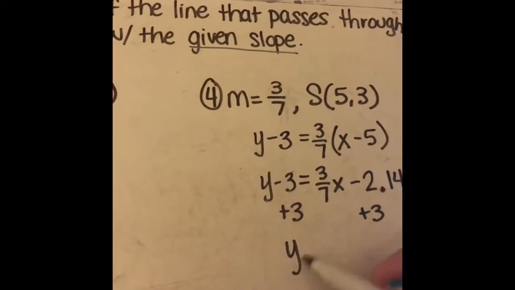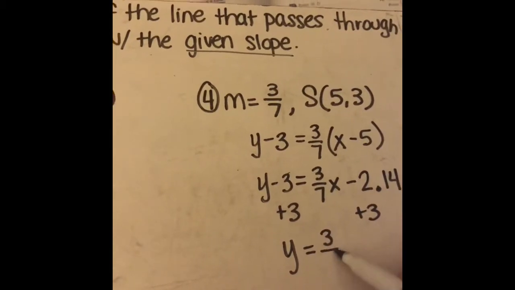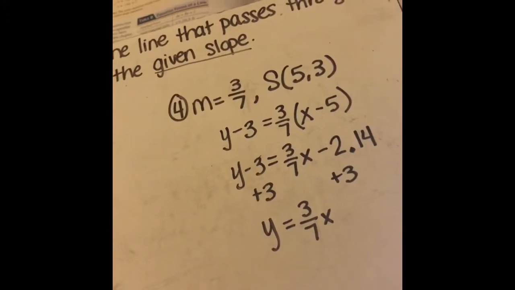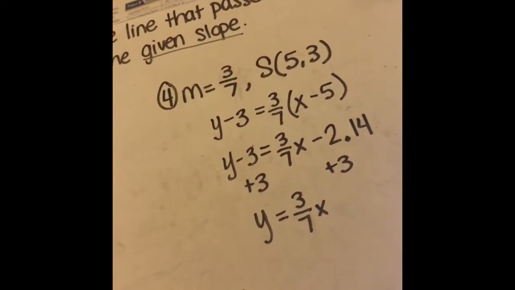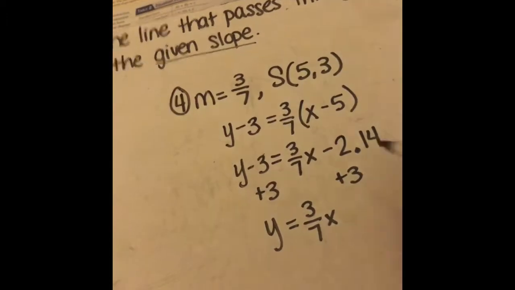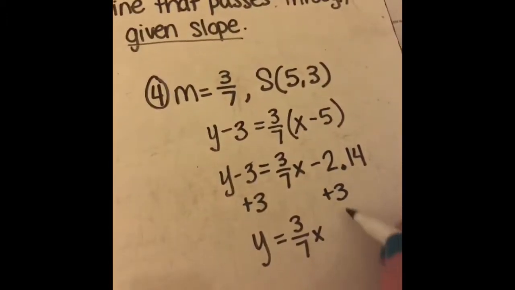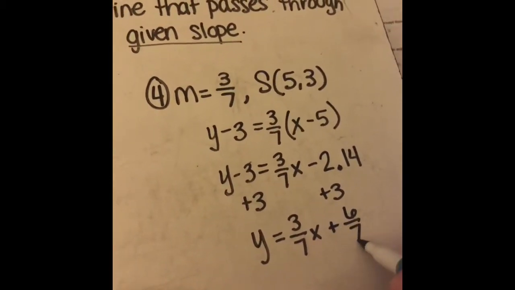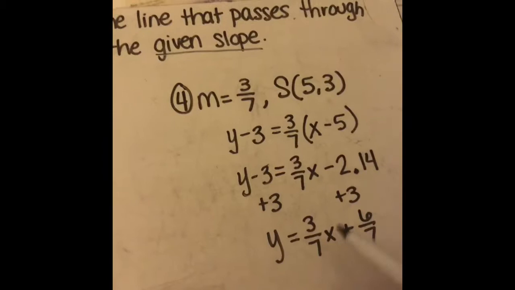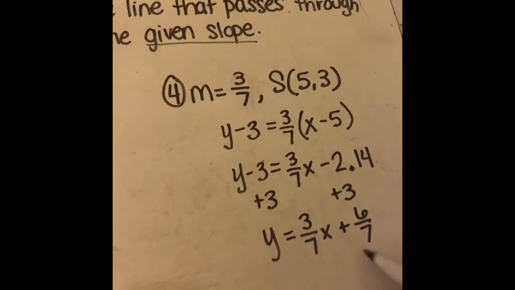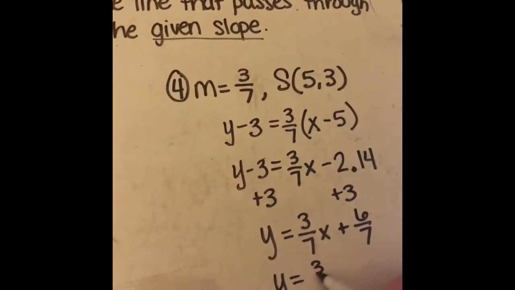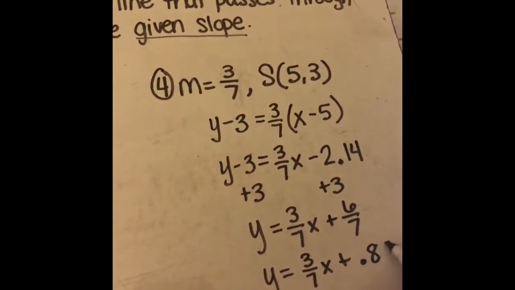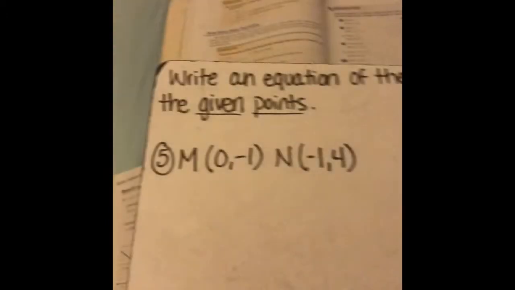Okay, so we have y equals 3/7 x, and then we're going to add 3 to that, and it becomes 6/7 plus 6/7, or you could do y equals 3/7 x plus 0.85.